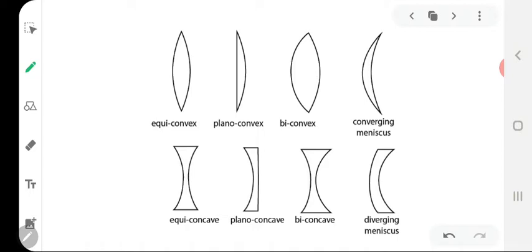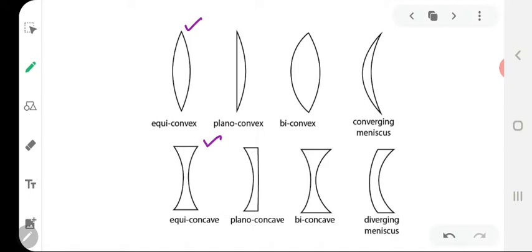So, in our study of lenses, we shall be studying only the general category of convex and concave lenses, as you can see in the picture. We shall be studying different terminologies necessary to understand the working of lenses in the first place.